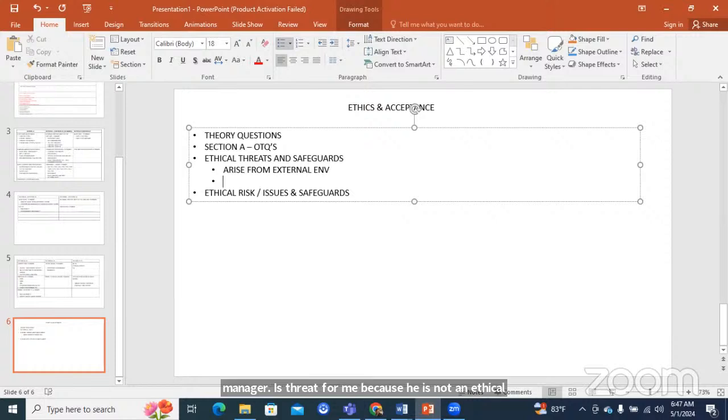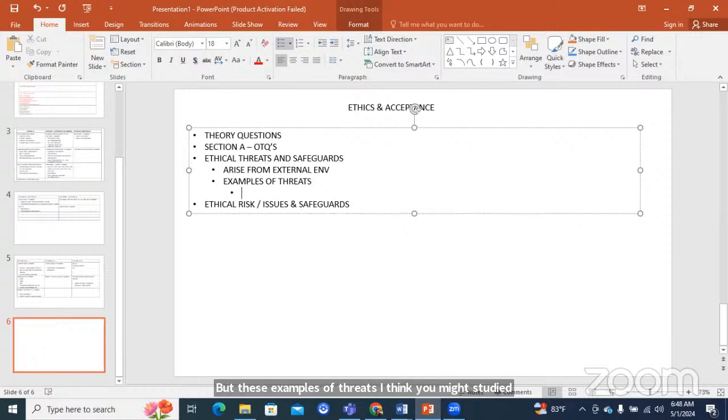So that is a threat. So when you get ethical threats, it's very important. Examples of threats. What are examples of threats? I think you might have studied examples, right? Threat-related examples. Self-review threat, self-interest threat, those definitions do not work at all. For example, contingency fee.